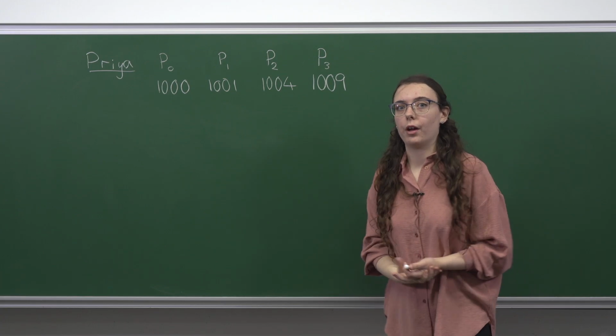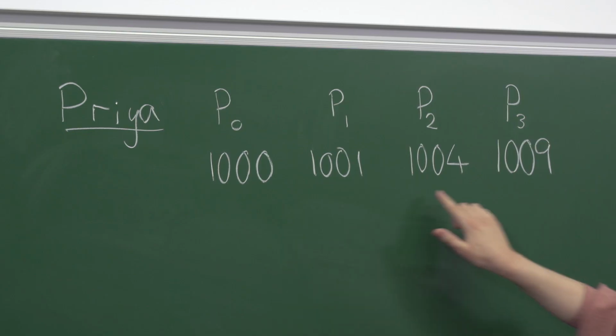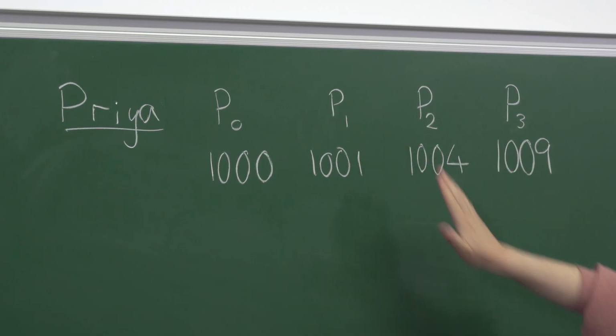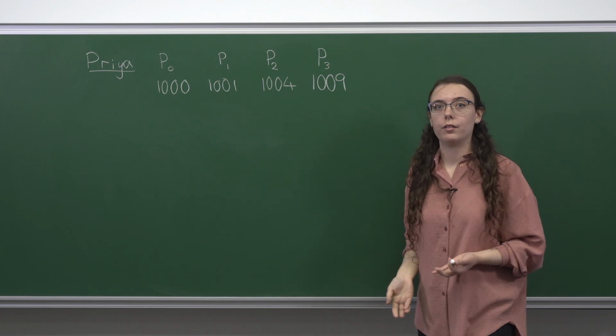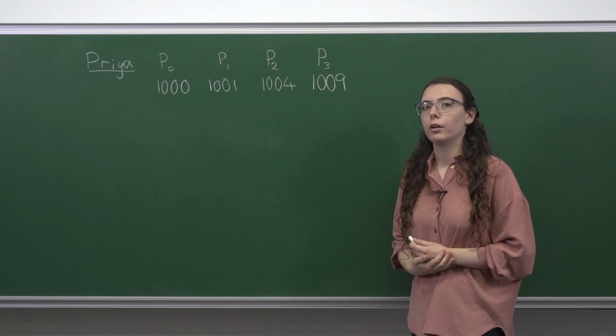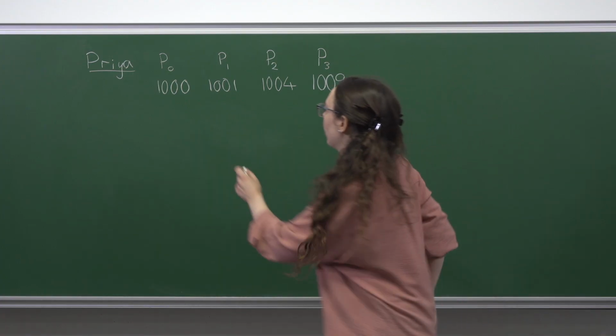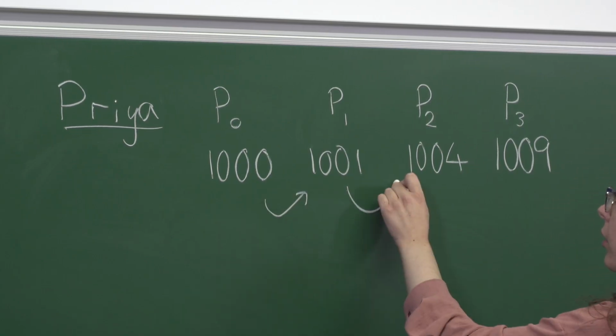So one pattern that jumps out at me is that these numbers here, ignoring the thousands, are squares. And so that makes me wonder whether that pattern continues. So we're adding consecutive odd numbers with each step.